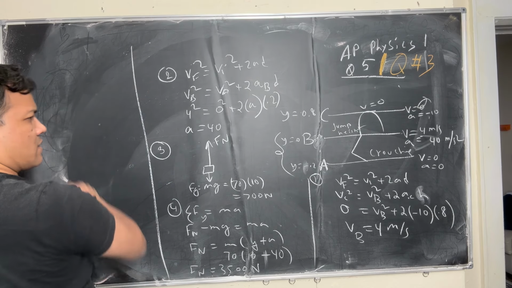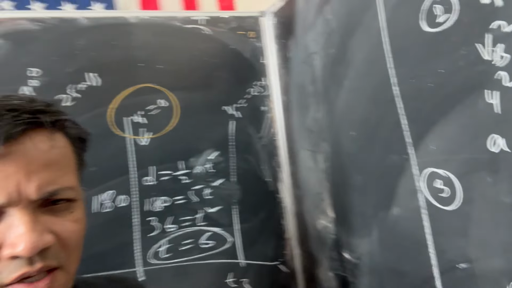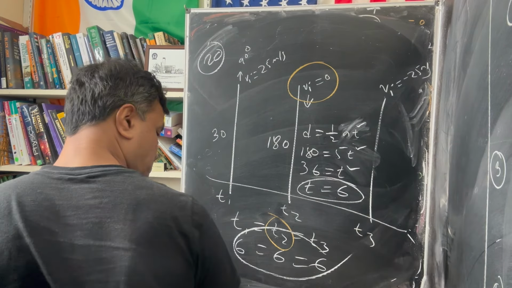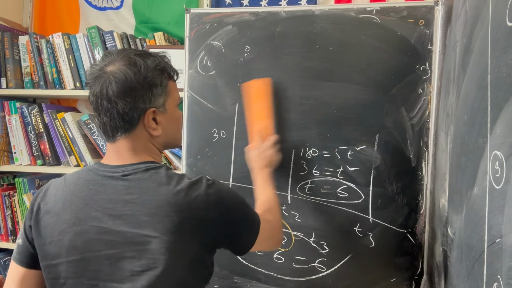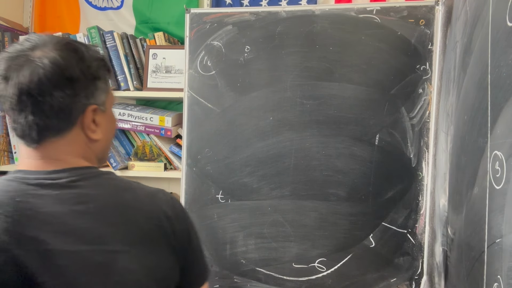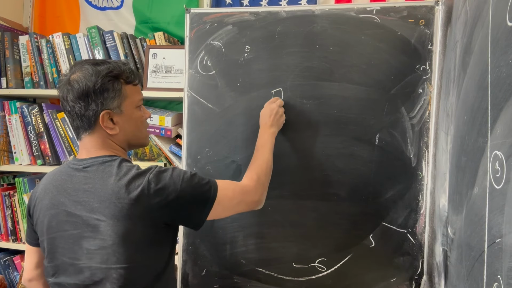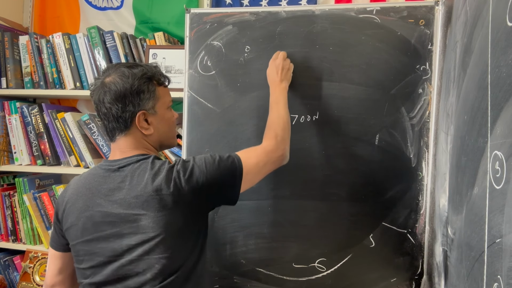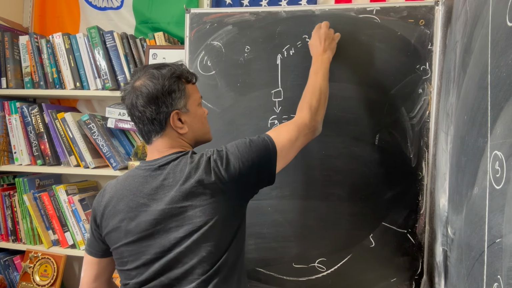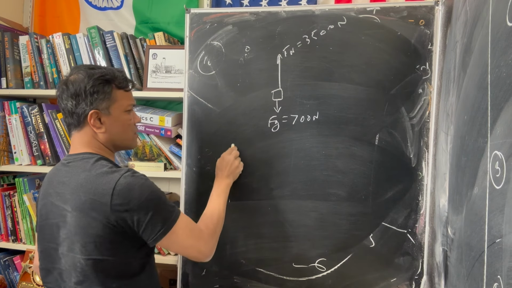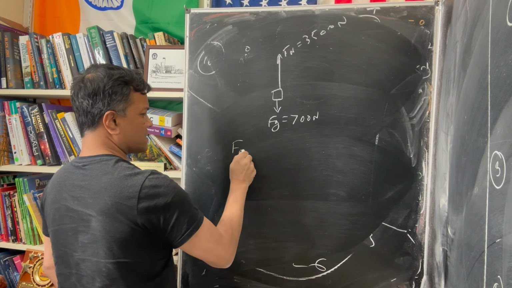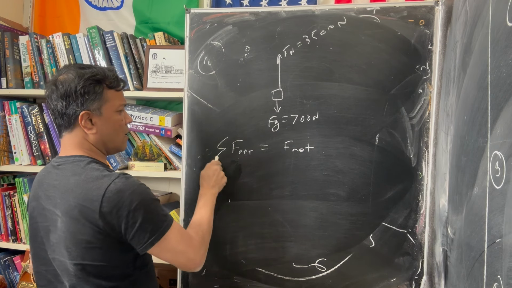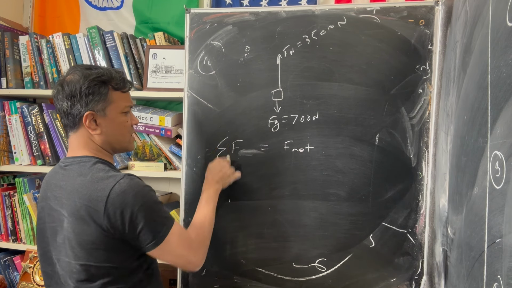So number 5, I don't know what I'm going to do. Let's do it here. Number 5. So here, now your Fg is 700 Newton, your Fn is 3500 Newton. So your F net is equal to all the forces in the y direction.